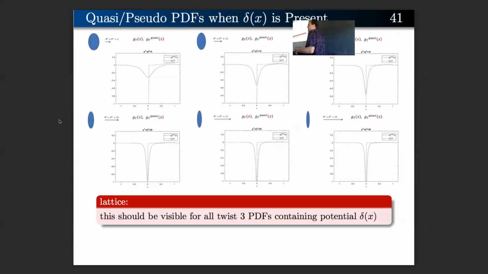So in some sense, you get some component of the nucleon wave function that doesn't boost in the way you naively expect. And if you apply the machinery to translate this into a quasi-PDF, what you should find is that for twist-3 objects, these delta functions pile up.